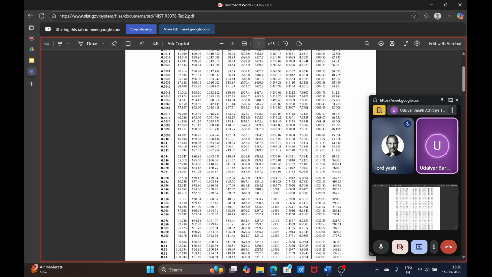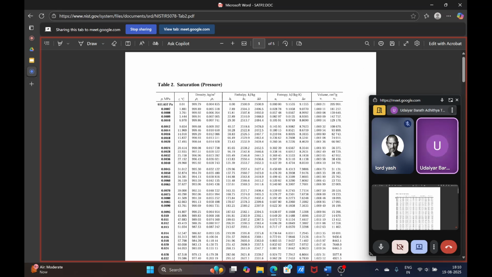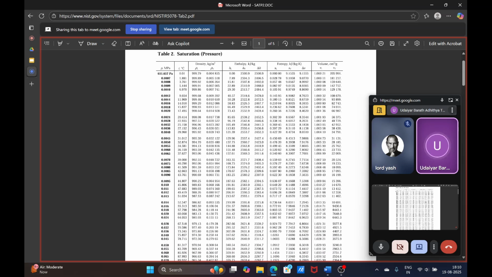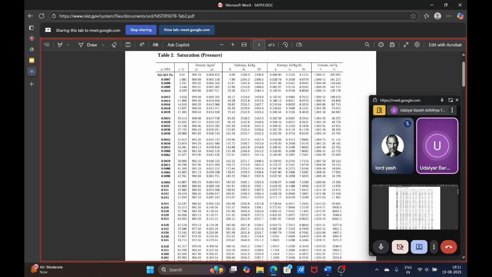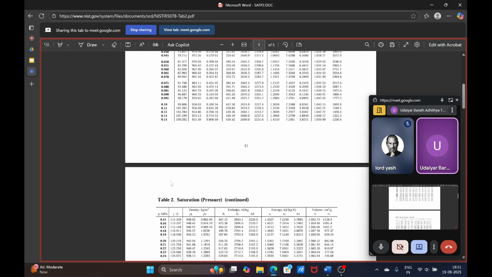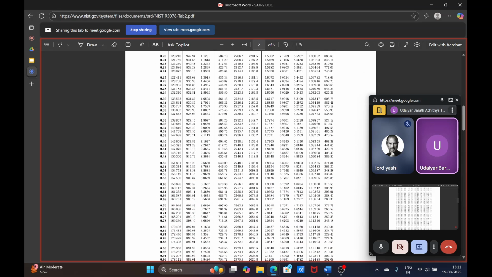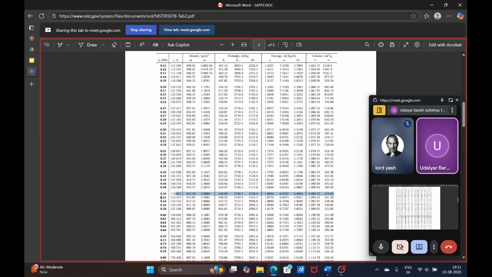You have pressures listed here, the ones in bold black. This is 5 megapascal. Sorry, we wanted 5 bar, which is 0.5 megapascal. So we need to go to 0.5. The corresponding temperature is 151.831.